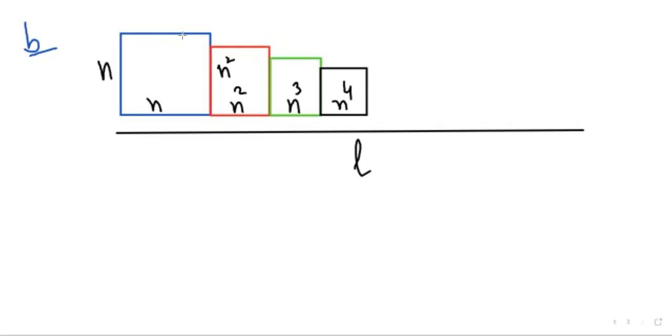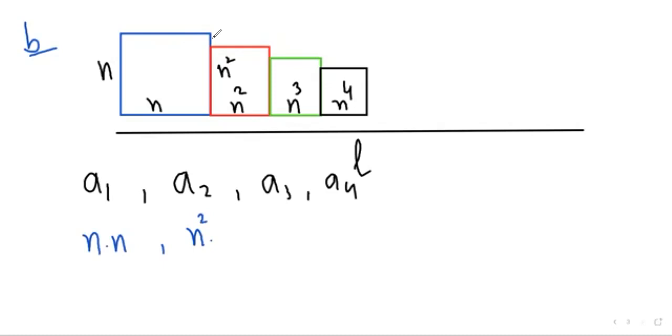So suppose this is the area of the first figure, then the area of the second figure, the third, the fourth. Area is length times breadth, so it would become n times n. This would be n squared times n squared. This is n cubed times n cubed.